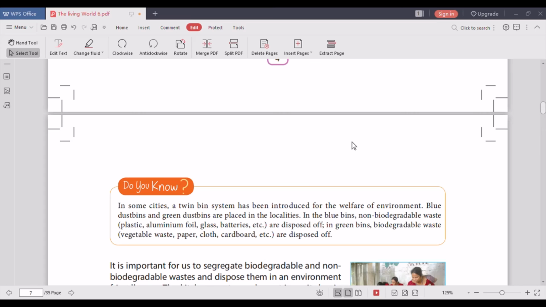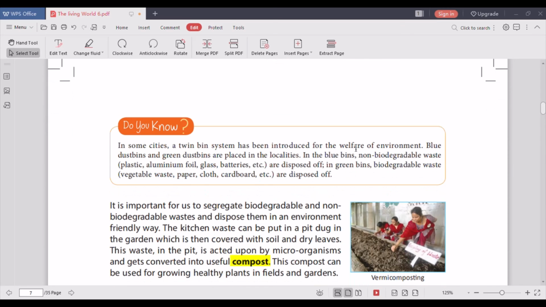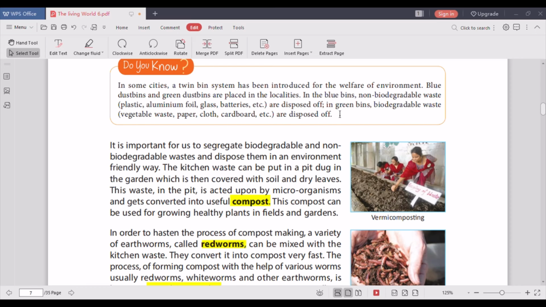In green bins, biodegradable waste like vegetable waste, paper, cloth, cardboard, etc. are disposed of. It is important for us to segregate biodegradable and non-biodegradable waste and decompose them in an environment friendly way.